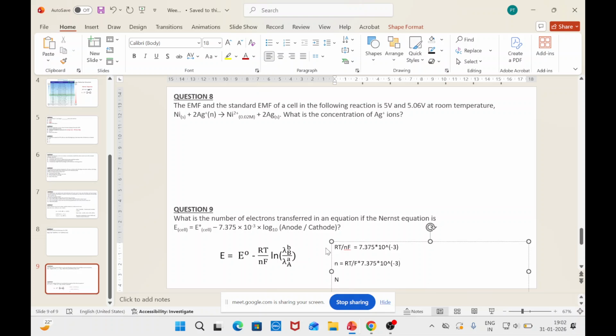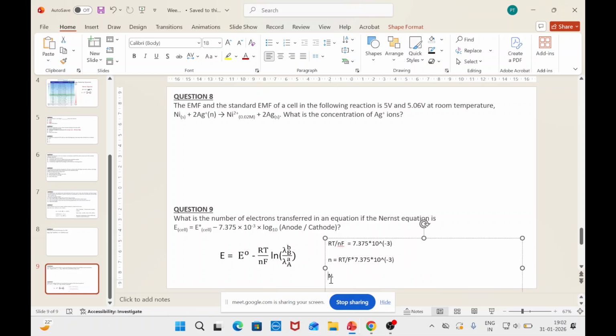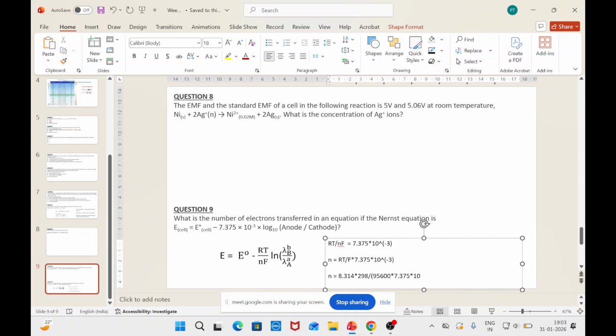So the value of n will be nothing but R is 8.314, T, as I said, standard conditions 298, by Faraday's constant 95600 times the value 7.375 times 10 to the power minus 3.